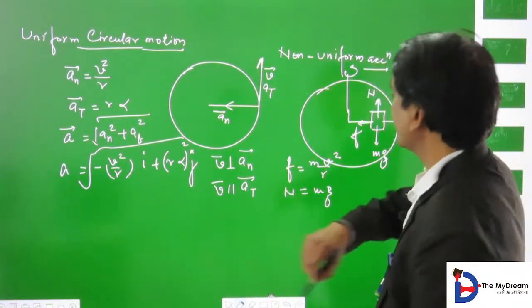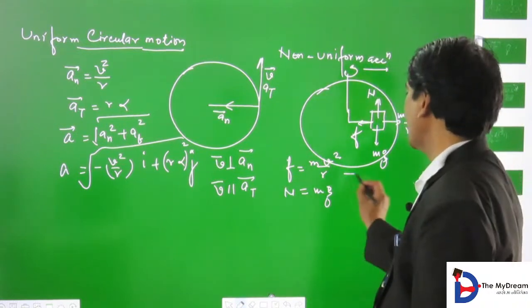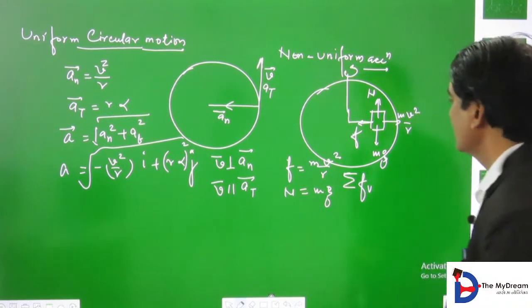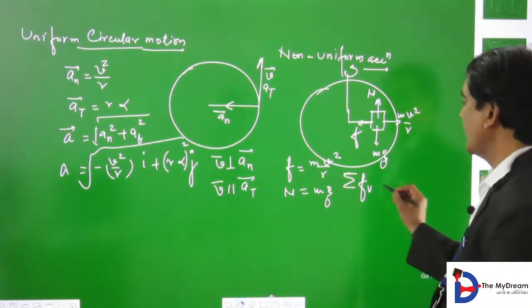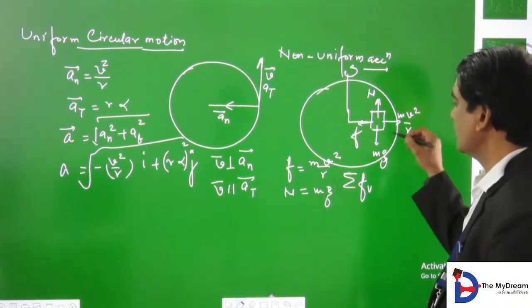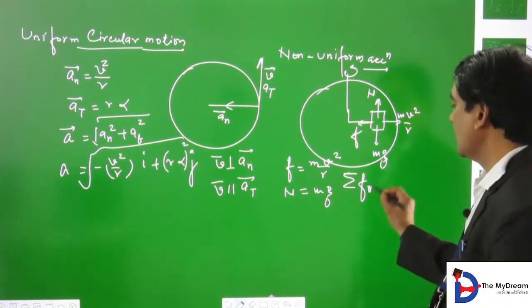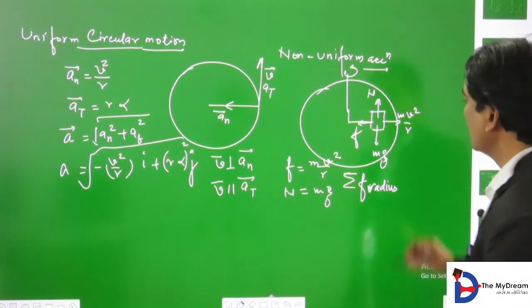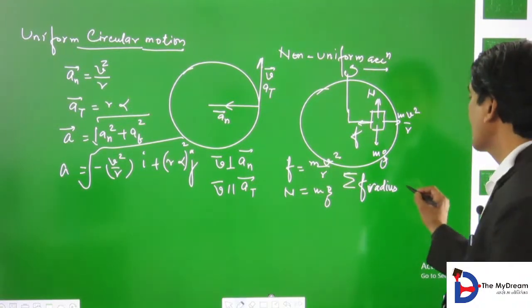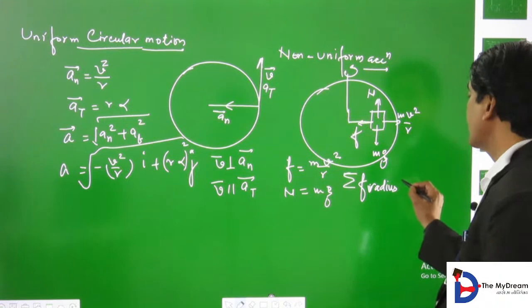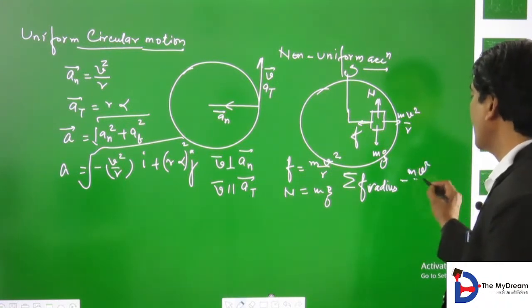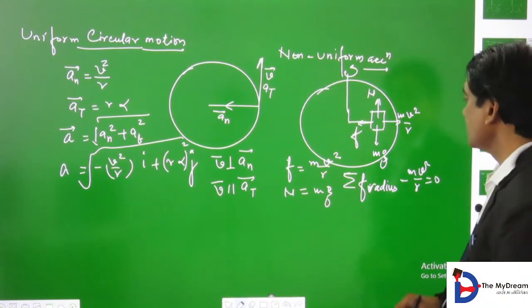But when we are discussing these, then summation of vertical forces, which force is this? Vertical force. And this one, about the radius, which is about the radius? This one. Minus mv square by r is equal to 0.